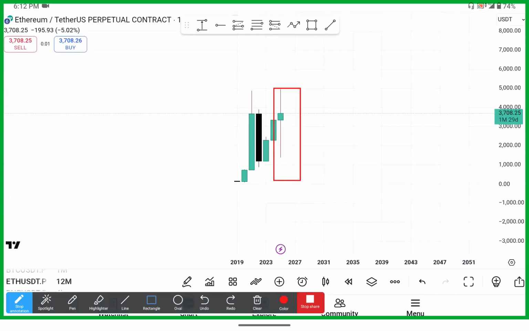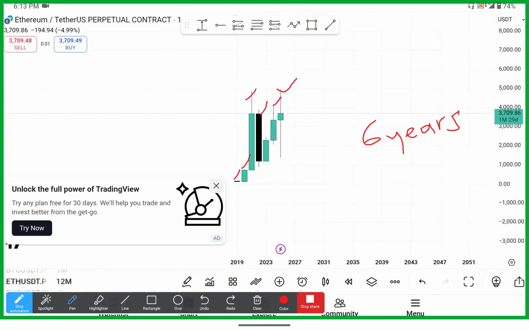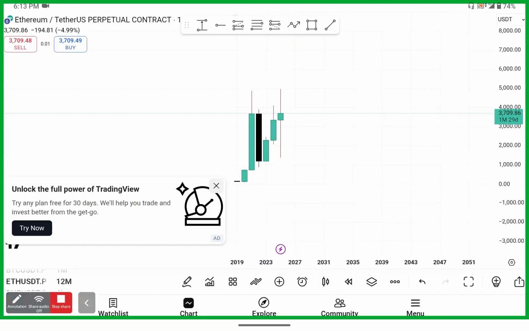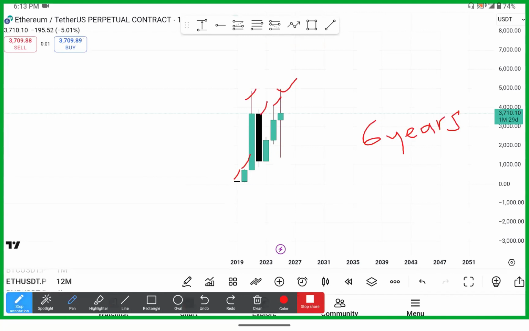Every candle you see there, let me just count them with the lighter. 1, 2, 3, 4, 5, 6. Meaning Ethereum has taken 6 years on the futures contract. Yeah, there are some assets that start with the spot before they go to futures.